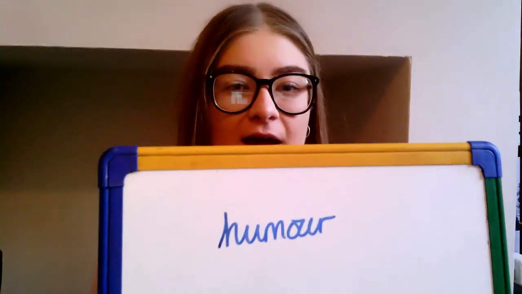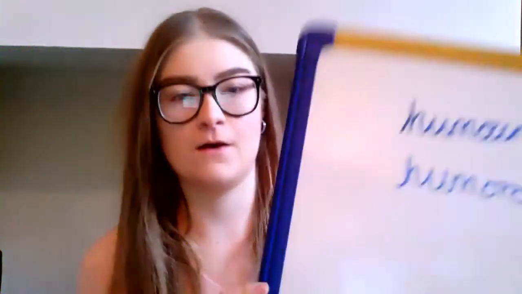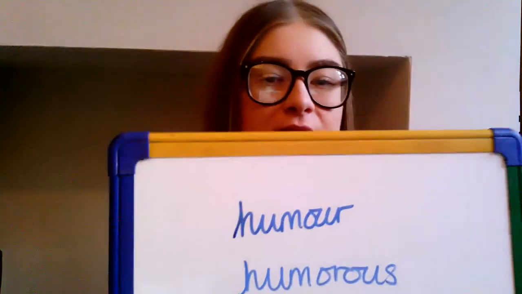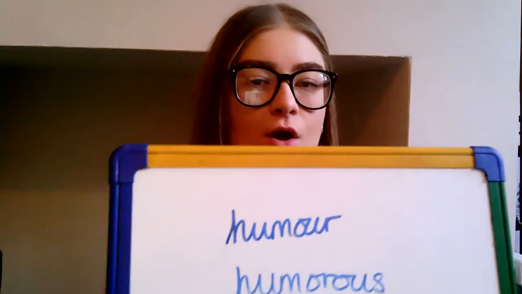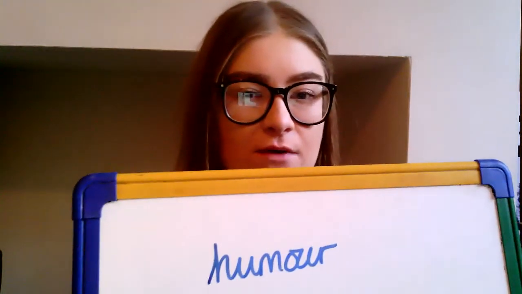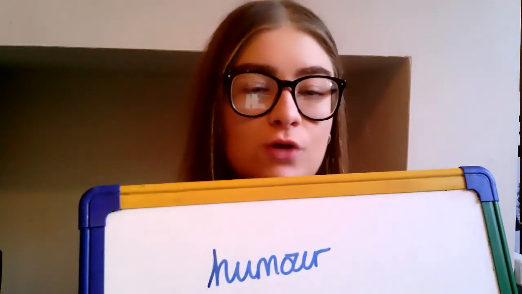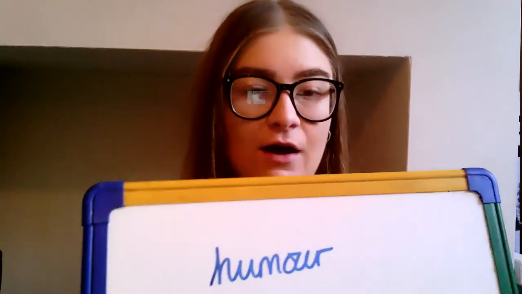The word humour, if I want to make it humorous, I can't just add the OUS. This needs to change. What I've done is I've skipped the OUR and I've changed it just to OR. So I've got rid of that U. So we need to change OUR to just normal OR if we're going to add our OUS on the end. That's one of them.